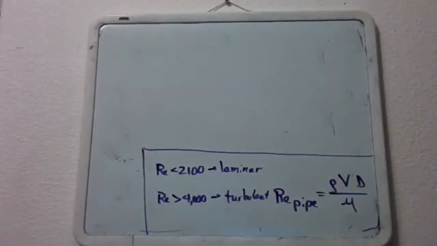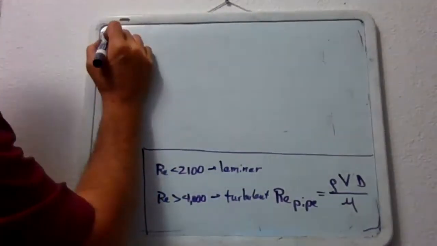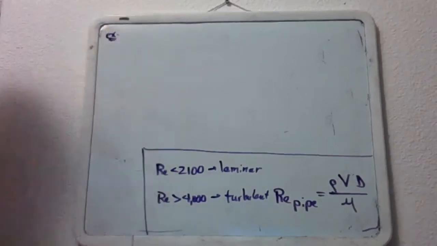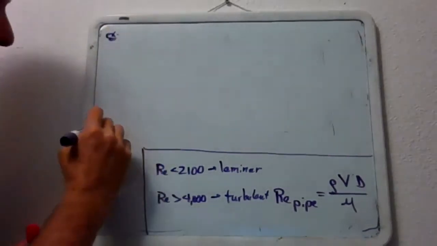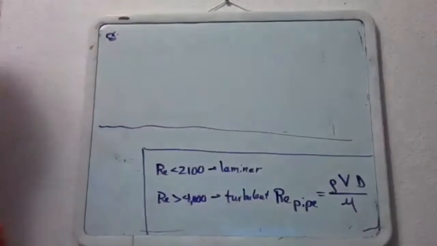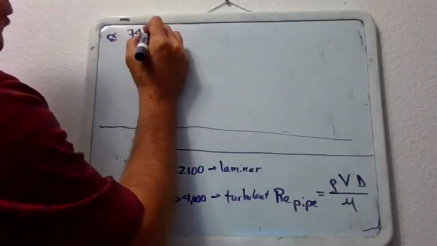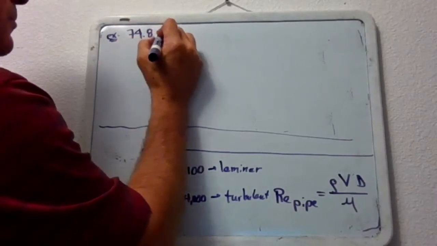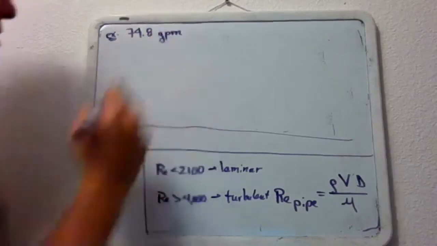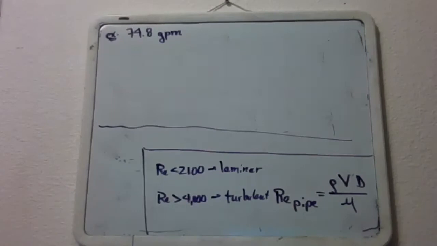Okay, so let's say we got some water. We got the situation where we want to move water from over here to over here like that, and we're going to size pipe. We want to move 74.8 gallons per minute, and I'll explain why I chose 74.8 in just a little bit.